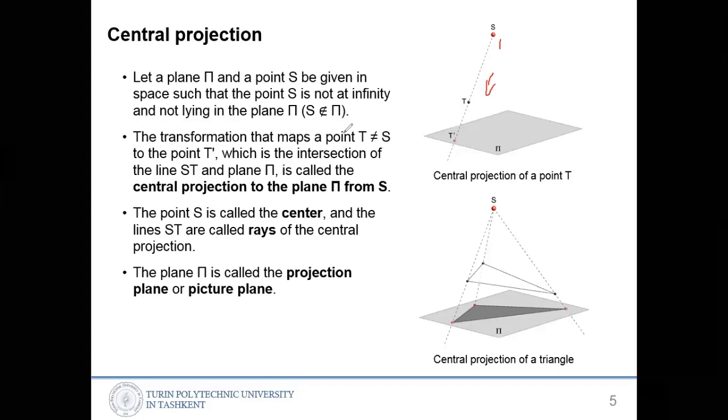Then the transformation that maps a point T, not equal to S, to the point T dash, which is the intersection of the line ST and plane P, is called the central projection of the plane P from S. So how do we generate T dash? We make a line, or ray, from S to T, and if you continue this line, it will intersect the plane P, and that generates point T dash.